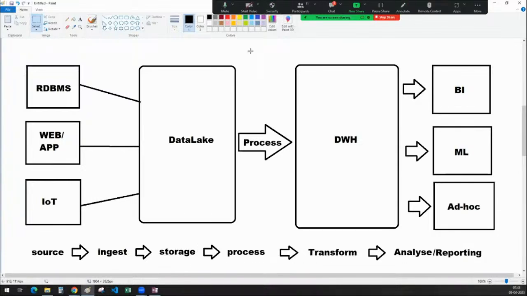In this one, what you are doing, you are having data sources, and you are ingesting into the data lake, and from the data lake to the data warehouse. Finally, you will be having different requests. So in a data life cycle, these are the processes that you are coming up with, guys.